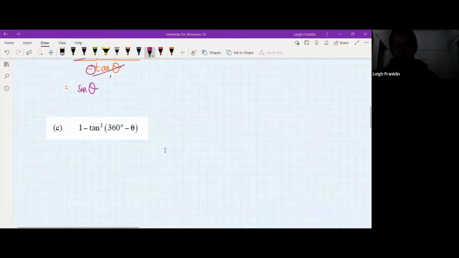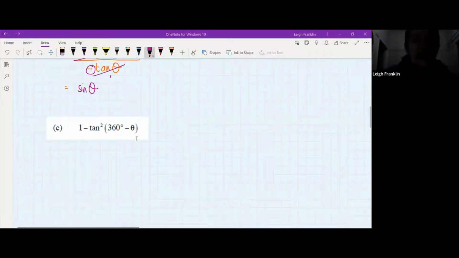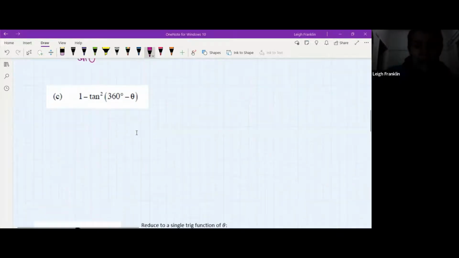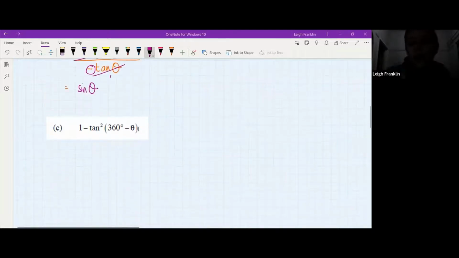We're going to practice this a little bit more now, but I just want to do one slightly more difficult example with you. And this is 1 minus tan squared 360 minus theta. Now, this is a place where a lot of grade 11s end up losing marks. So it's very important that when you use a reduction formula, you write what you get as a result of reducing.